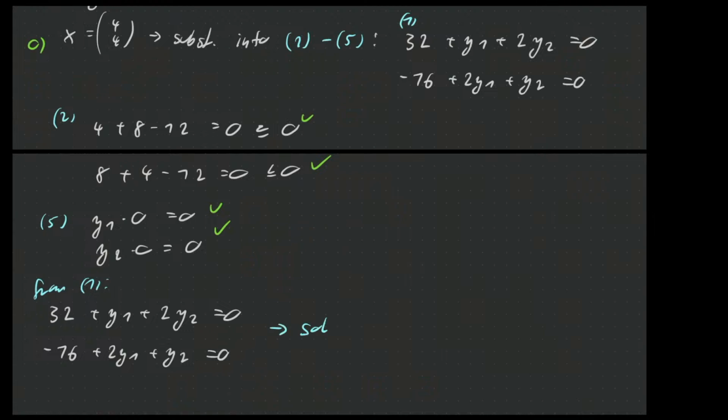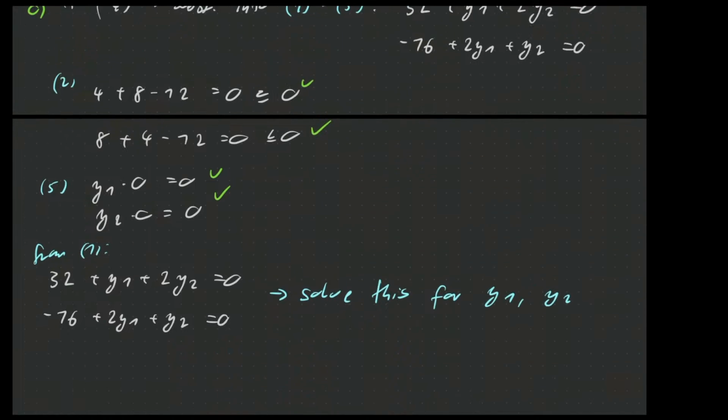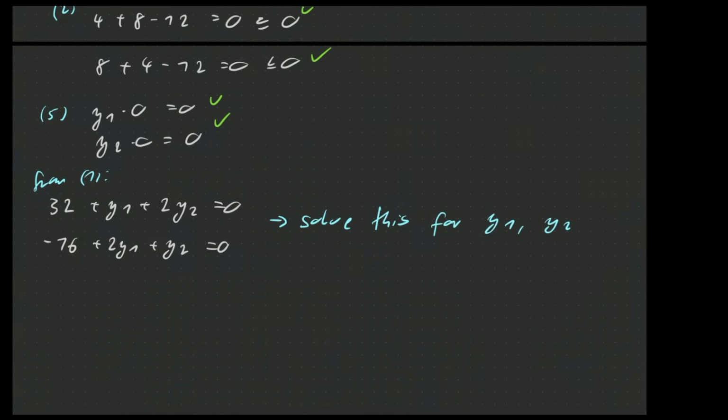And that means I can try and solve this for the y's. Now that's just Gaussian elimination, so hopefully you know how to do that. If you do that, what you get is y1 equals 64 over 3.